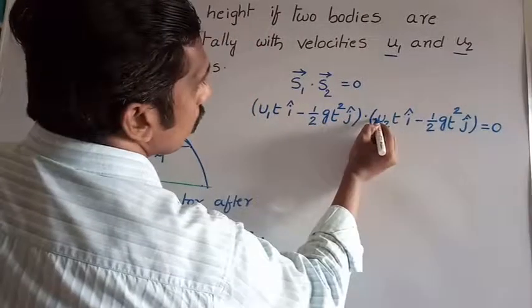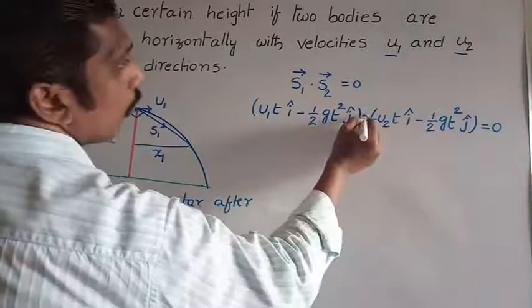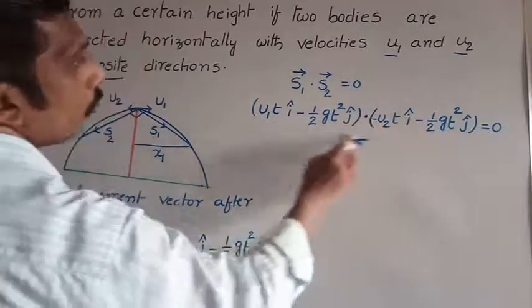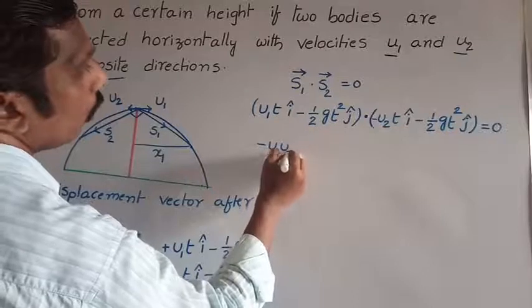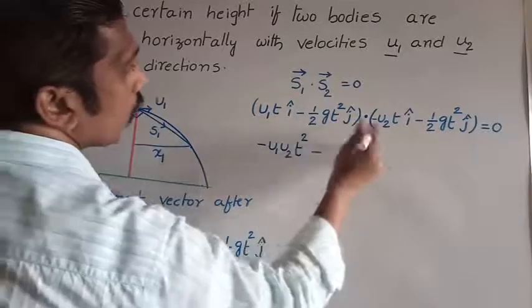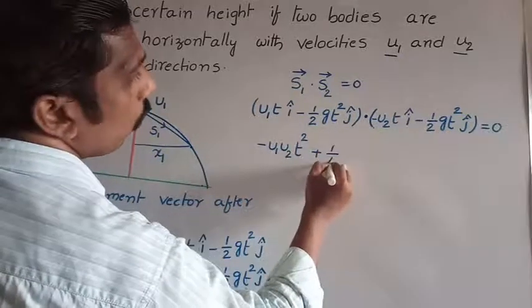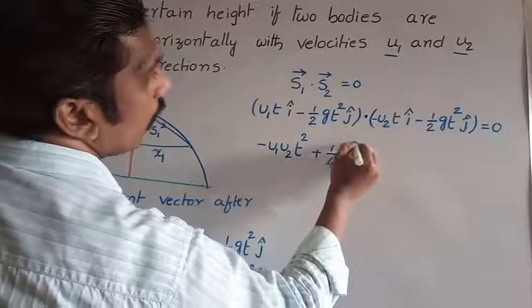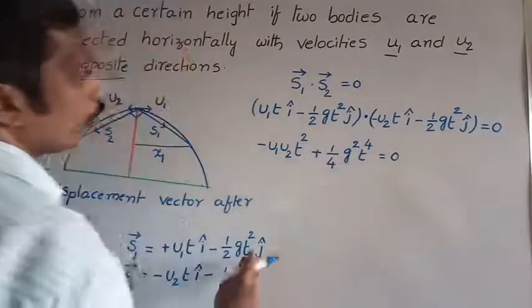Multiply the i components and multiply the j components. If you multiply these, you get minus u1 u2 into t square, plus, minus into minus plus, 1 by 2 into 1 by 2, 1 by 4 g square into t square into t square, t power 4, is equal to 0.